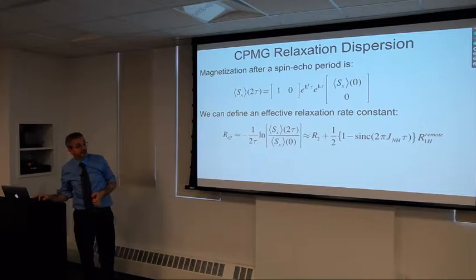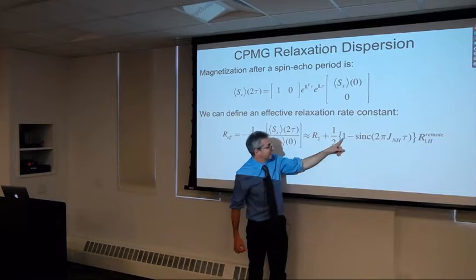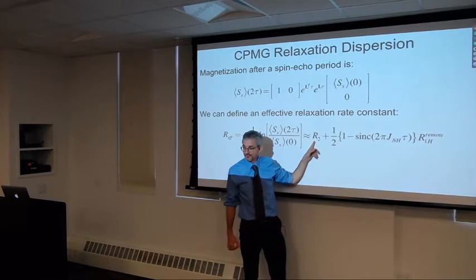So if tau is very short, the sinc function approaches 1. The sinc of 0 is 1. So if tau is short, this becomes 0 and we get the pure R2.